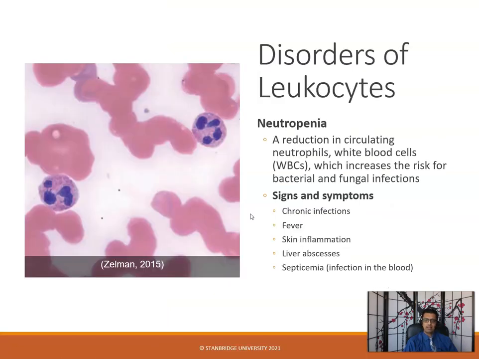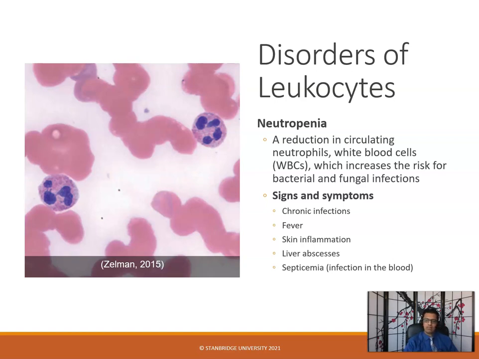Now, what are some disorders of leukocytes? Leukocytes would be what? Yes, white blood cells. Neutropenia is a reduction in circulating neutrophils, white blood cells, which increases the risk of bacterial and fungal infections.